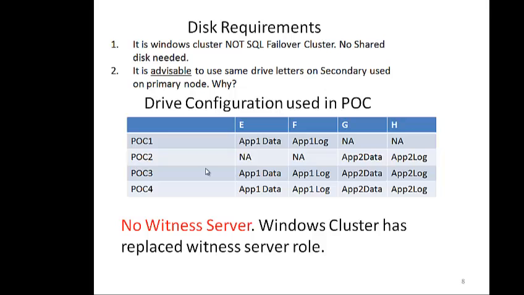So in an ideal situation you don't have to add the file group, but if you do, you have to keep in mind that the drive letter must be available on the secondary.